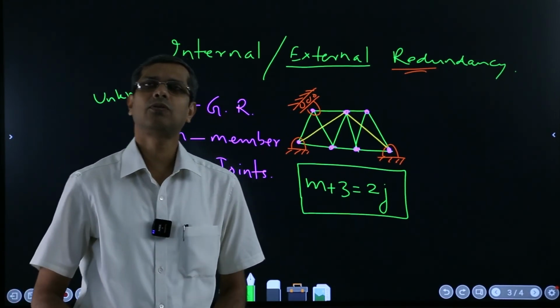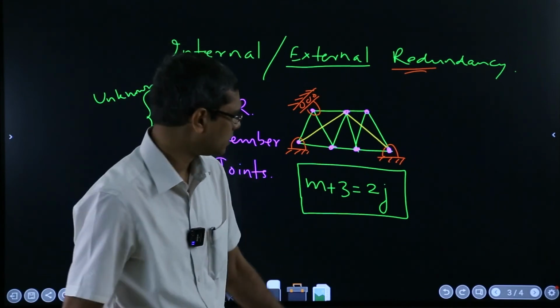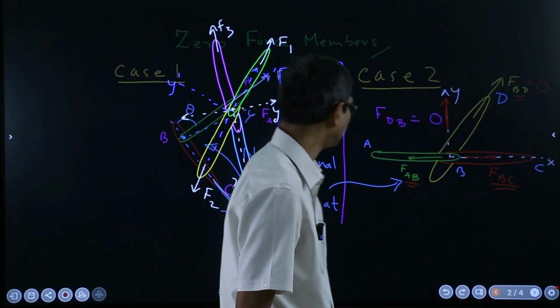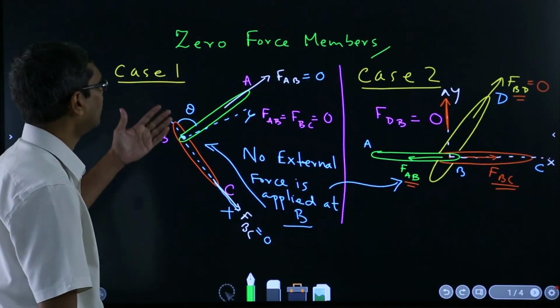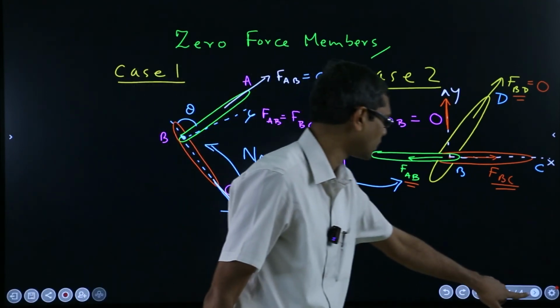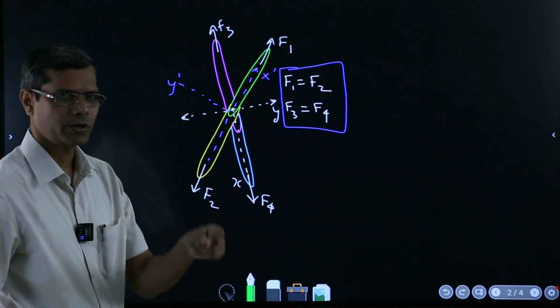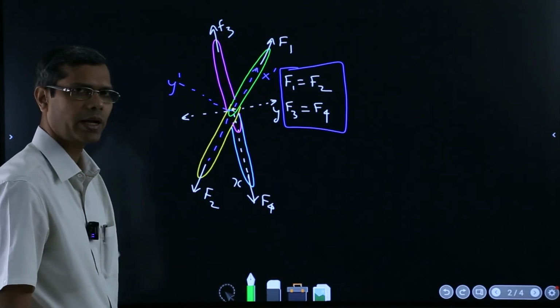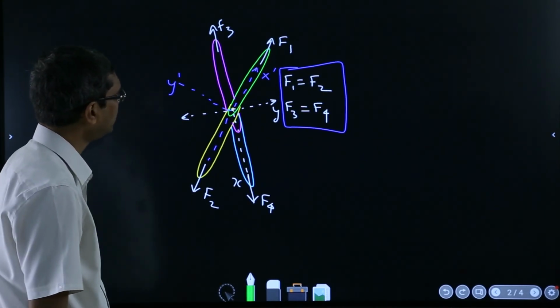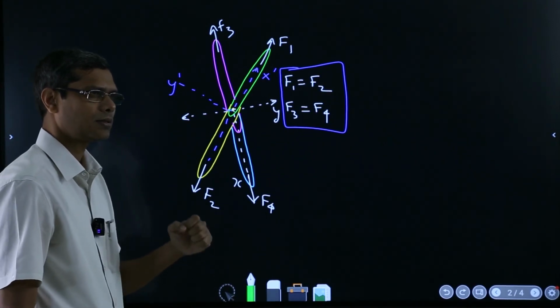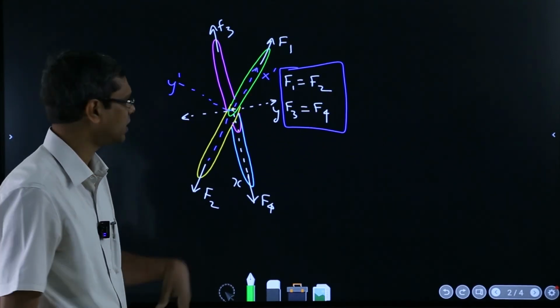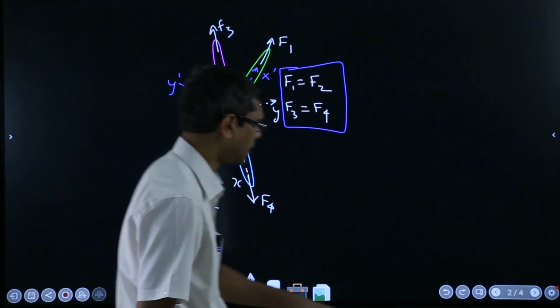So that was it. These are the three things which I wanted to discuss under this segment of key concepts. One is the zero force members, the two ways in which you can visually inspect and catch them and remove them, where from visual inspection you can write some equations directly.